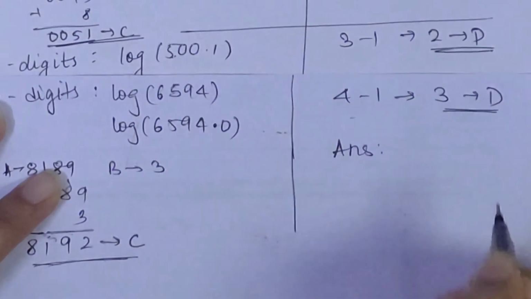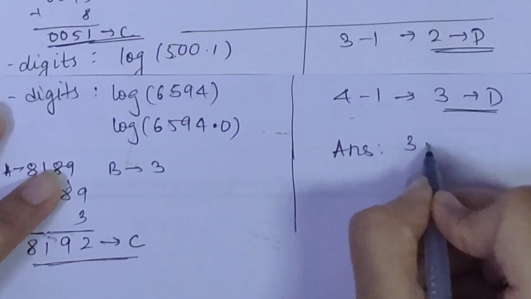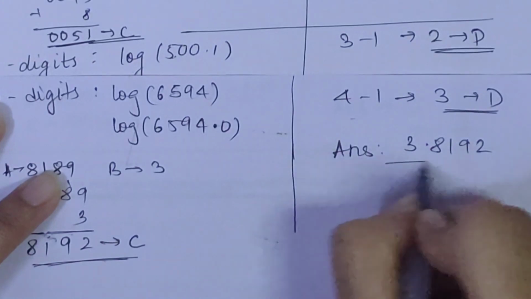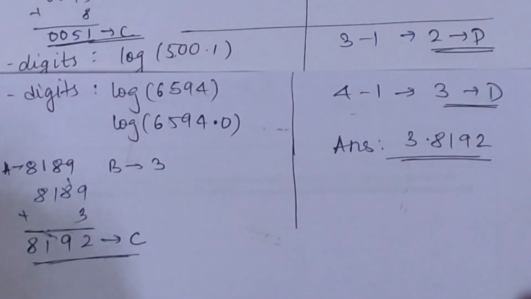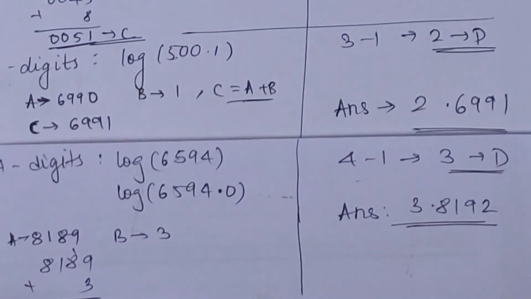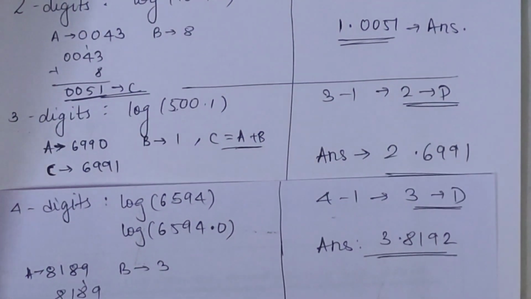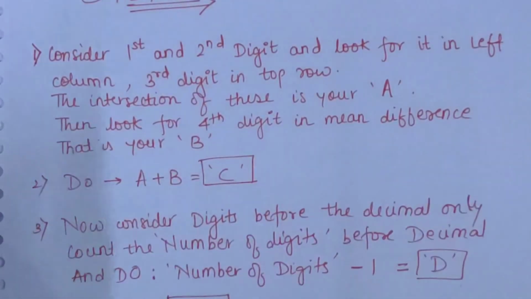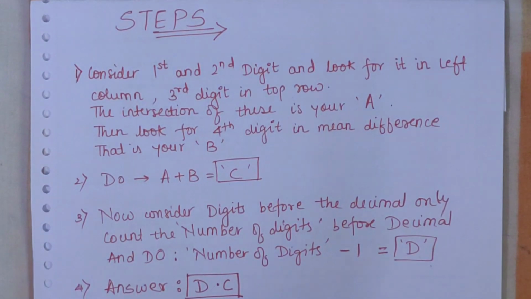My answer is ready already. It is D point C, that is 3.8192, and that's your answer. So it was so easy using these simple steps. So remember to use these 4 steps before solving any log problem in your exams now. Best of luck.